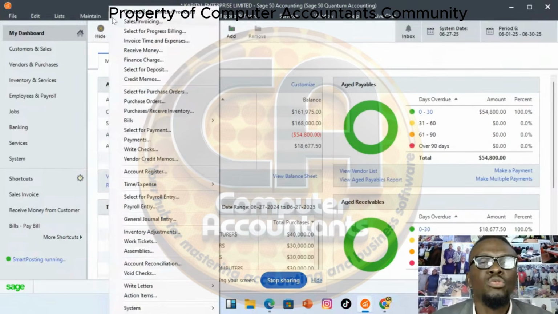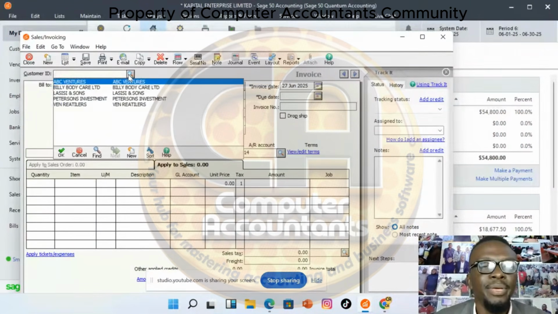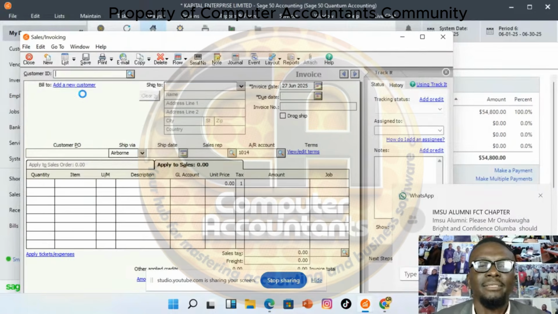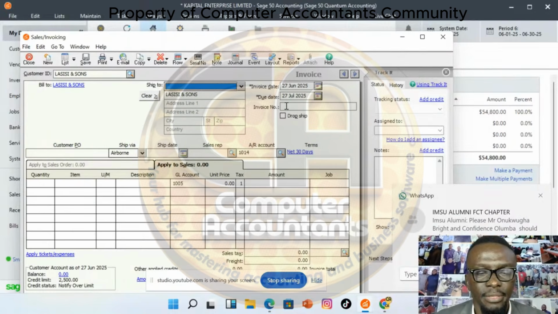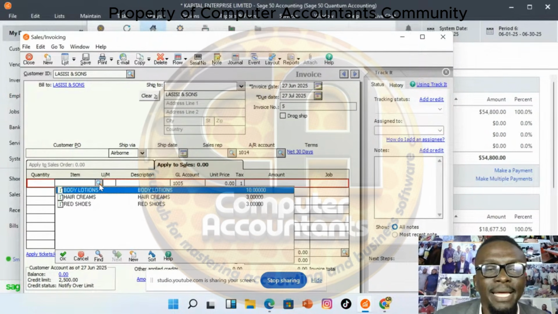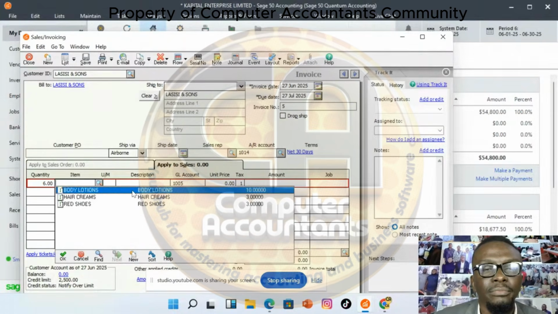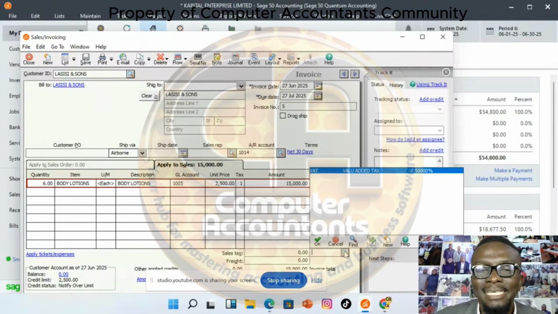Right now, I'm going to create a new transaction. I'm going to invoice somebody. Let me invoice Lasisi. Invoice number 5. Lasisi is buying 6 body lotion. Tax added.